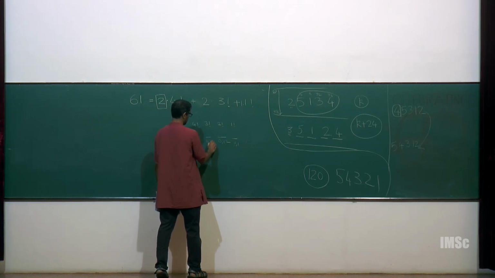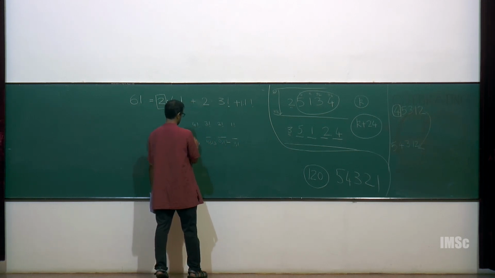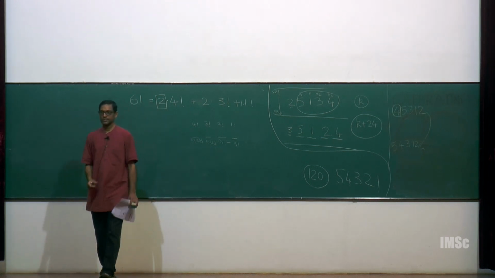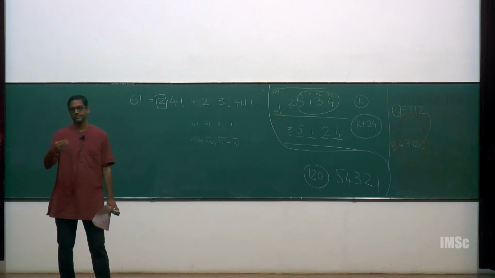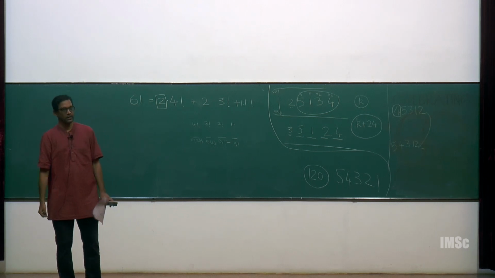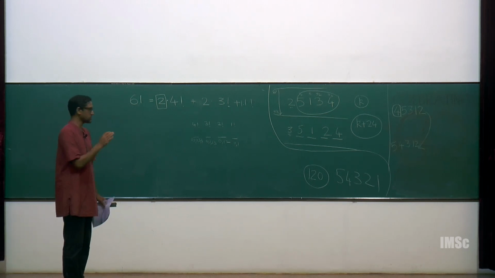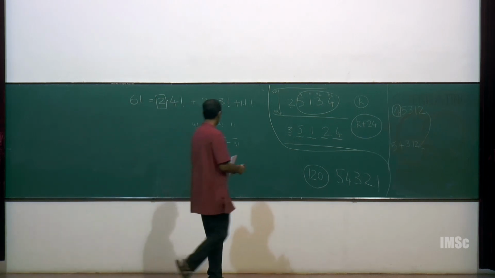This fellow can be 0, 1, 2, or 3, and so on. Okay, so it's strange in that sense as well. What you allow in each place is actually different, unlike the usual bases of numeration where you allow the same set of digits everywhere.